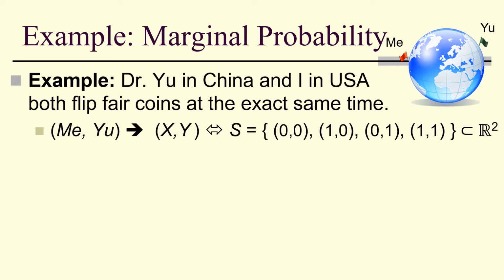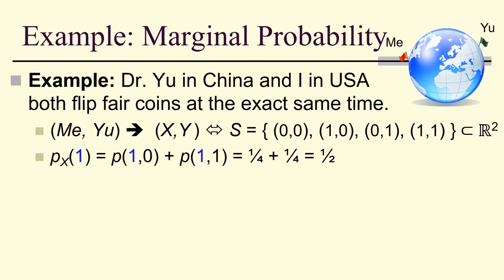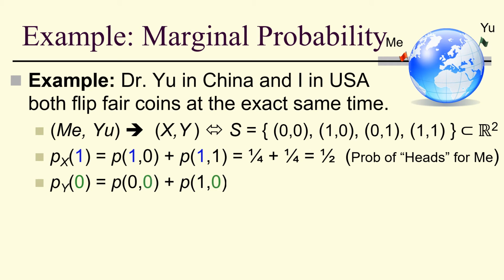Marginal probability, same example, same sample space. The marginal probability of 1, I sum over where the y's vary, but the x's are fixed at 1. 1/4 plus 1/4, that's a half. Probability of heads for me. And the marginal of 0 is similar.